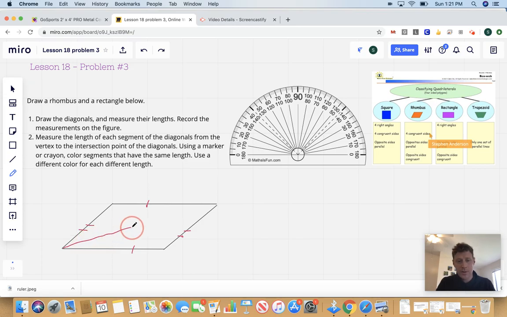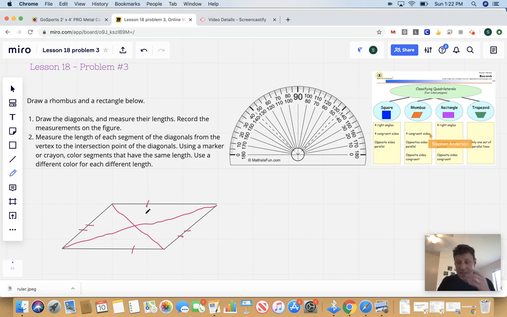That simply means from one point where the lines come together, like this, to the opposite. So this is one vertex, and I've drawn a line all the way to the other. And we're to measure this after we've drawn one line from the opposite vertex, from this vertex to this.